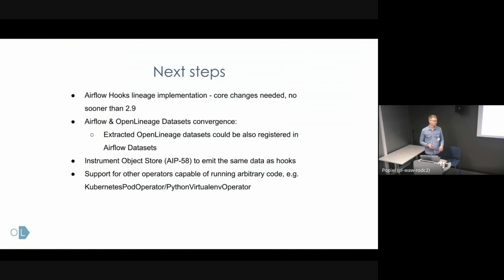So we would like to instrument this object store as well to emit the same data, also from PythonOperator. But PythonOperator is not the only one that can run arbitrary code. We have Kubernetes pod operator or Python virtualenv operator, but this might be a bit harder. I'm just noting that this is on the table as well.